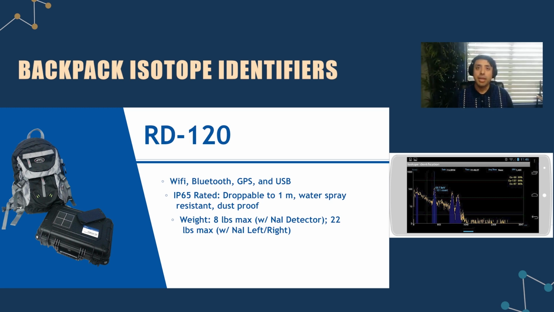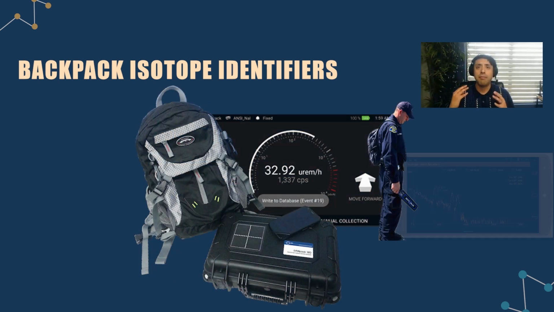So, in summary, backpack isotope identifiers like the RD120 offer a combination of mobility, performance, and user-centric design. They are essential tools for professionals requiring advanced detection capabilities in the field, enhancing our ability to respond to and manage radiological threats. So, environmental contamination and research, all that.